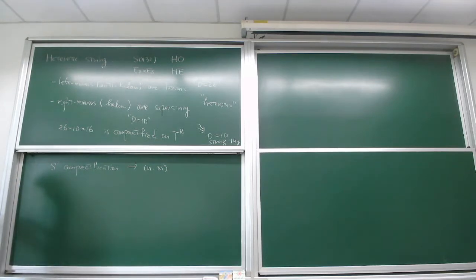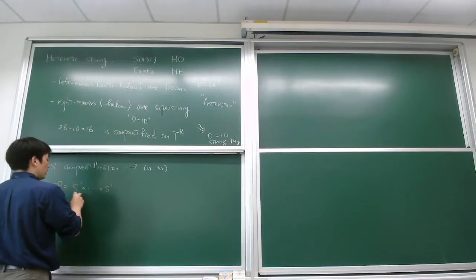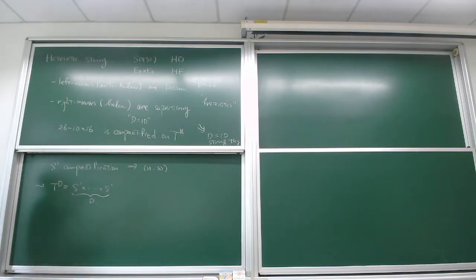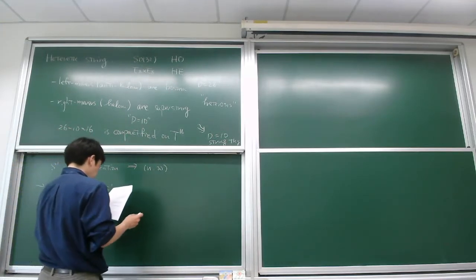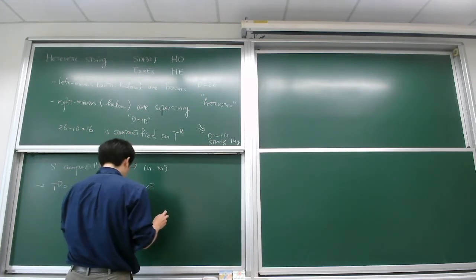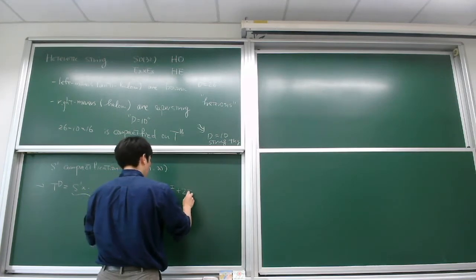So we generalize to essentially T^D, which is D copies of S1, a direct product, and then we will just identify x^i, the coordinate of the internal space, x^i plus 2π.